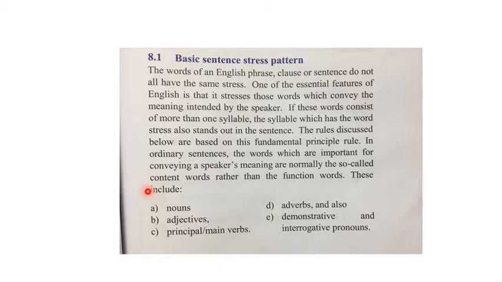Adverbs and also demonstrative and interrogative pronouns. طبعا إيش هي demonstrative pronouns؟ هما pronouns زي this or that or these or those or here and there. وإيش هي interrogative pronouns؟ هما pronouns زي who or whose or whom.